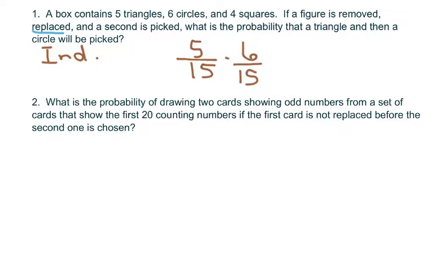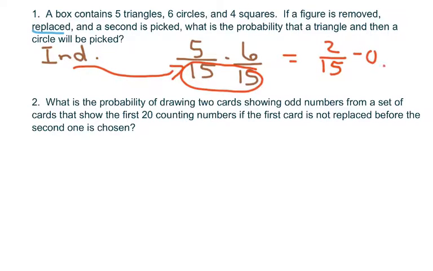If it's independent, the denominators stay the same. Then you just multiply that and reduce, and you get 2 over 15, which equals 0.133.